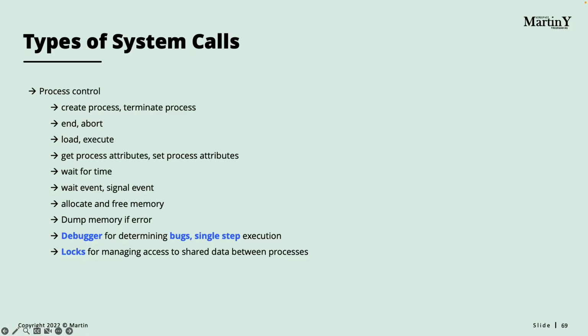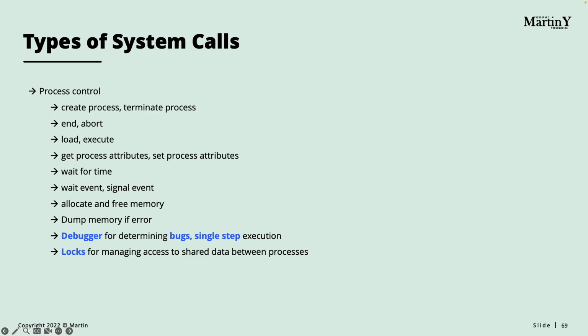Okay, so as you can see, there are many types of system calls. Some of them we talked about, some of them we haven't. Obviously we can create processes, we can end or abort a program, we can execute a program. Sometimes, especially when we interact between two programs, one program wants to wait for the other one. So we can do a system call also for waiting.